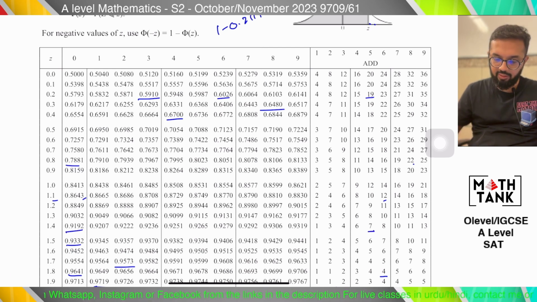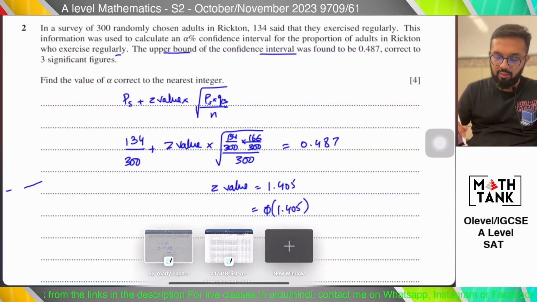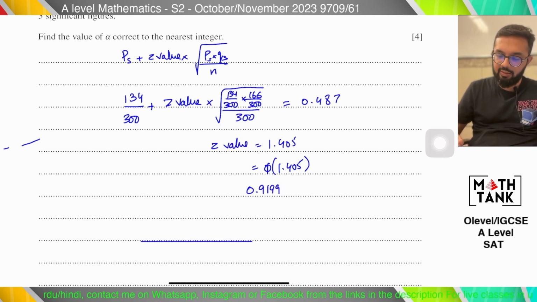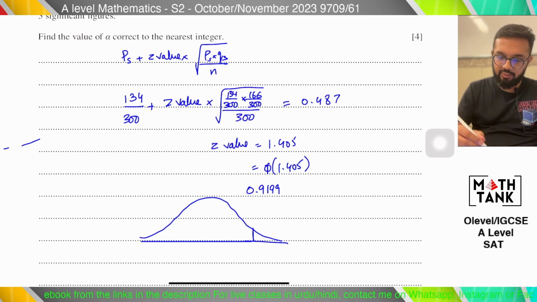So 0.9199 should be my reading of probability. Okay, so what I've read basically is this 0.9199 is the entire probability that I have here.